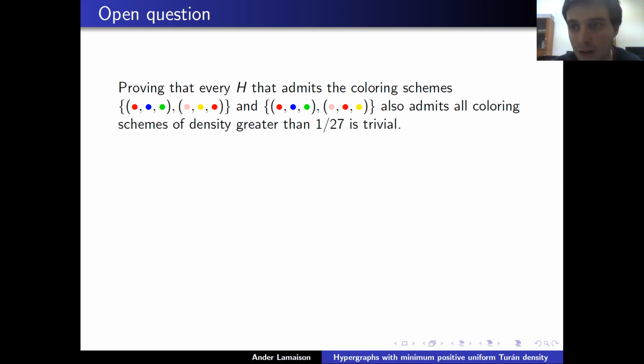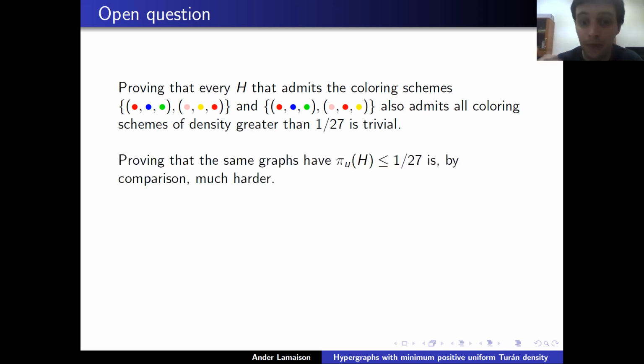So the question in this restricted universe of coloring schemes was almost trivial, whereas proving this for the more general universe of quasi-random hypergraphs, proving that the uniform Turán density was equal to 1/27 for those same hypergraphs was by comparison much harder. So wouldn't it be nice if this was in fact just the same question? Wouldn't it be nice if just looking at the question in coloring schemes was enough to determine what the uniform Turán density is?